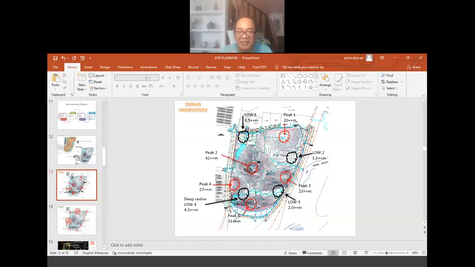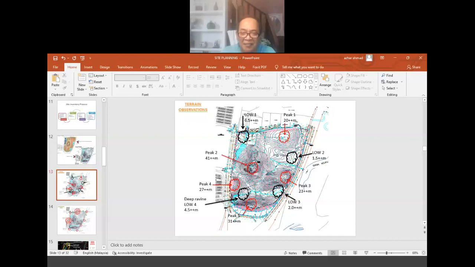So we can imagine that the site is very, very undulating. Okay, we have peaks, and at the same time we have low levels. Low level number 1, a low zone where the existing level is very low, approximately 1.5 meters. Okay, another zone which has a low level of approximately 2.0 meters.